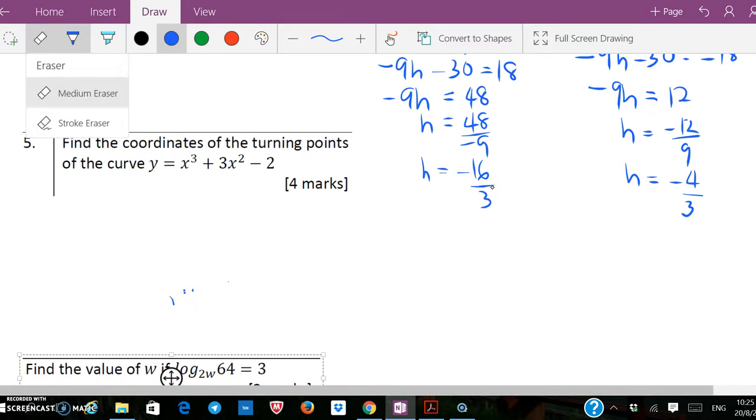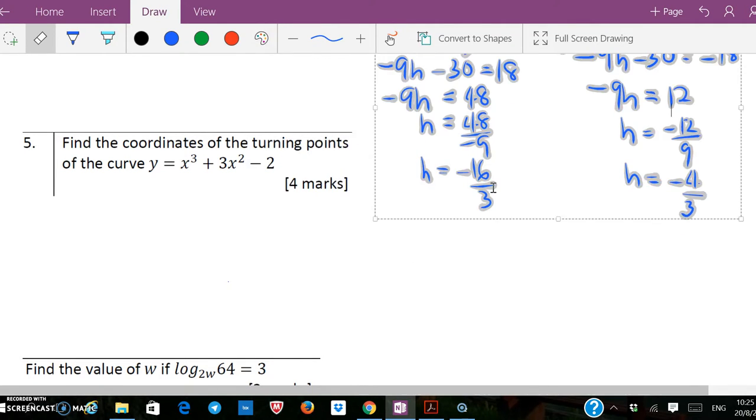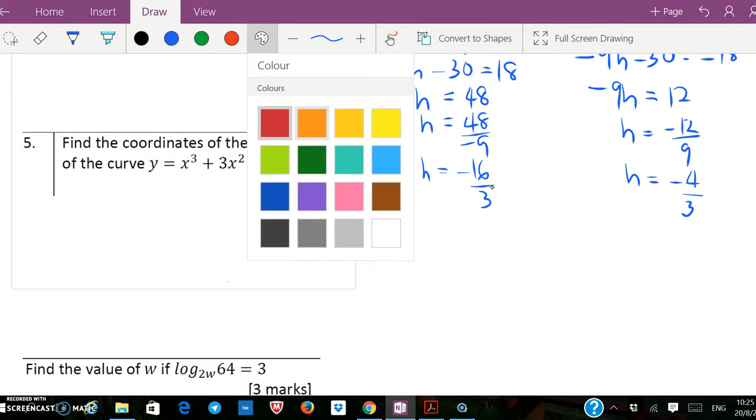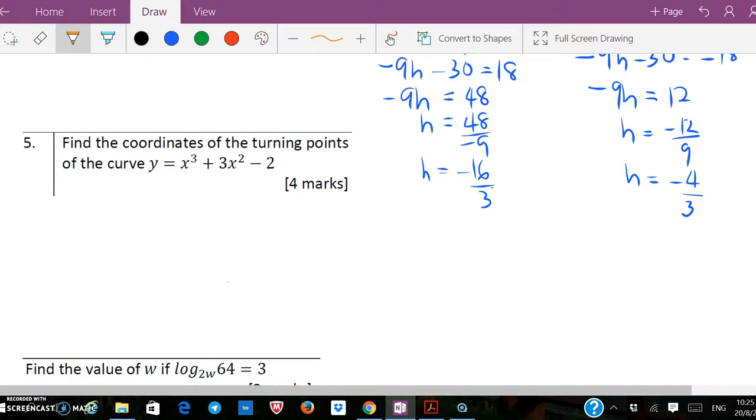Okay, let's see here. So we choose another color. What color do we want now? We can choose orange.